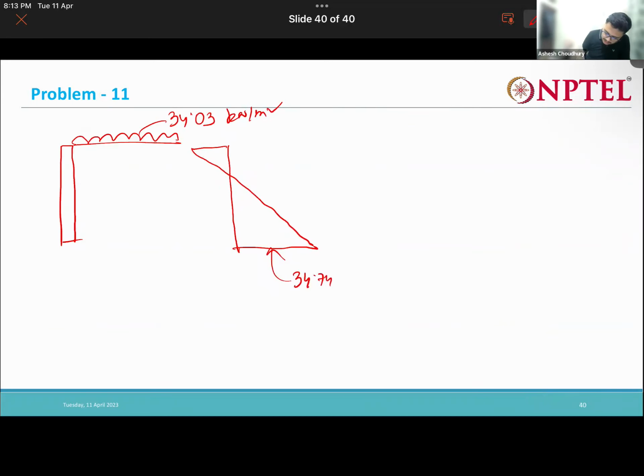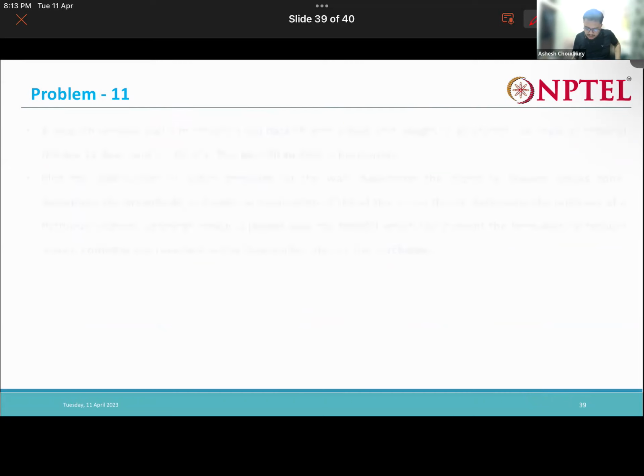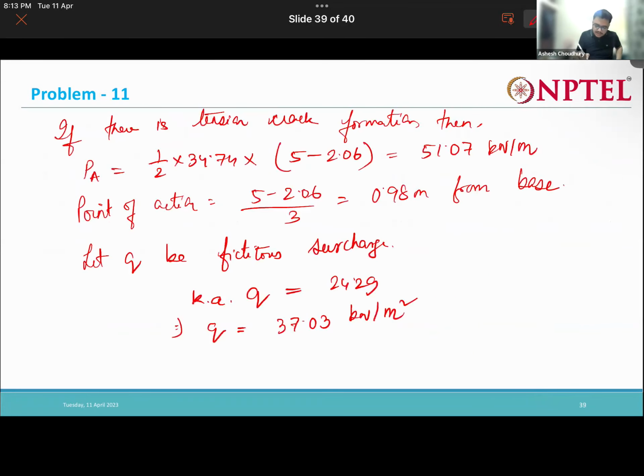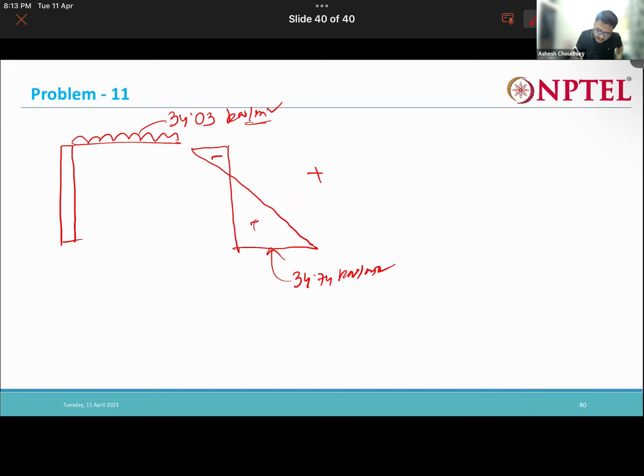Say this portion is not there. So this was our case. Just I'm drawing this diagram again. This was the original case, negative, positive. Now again we are adding this. Now we will get this. So this is how much? 34.03 into K.